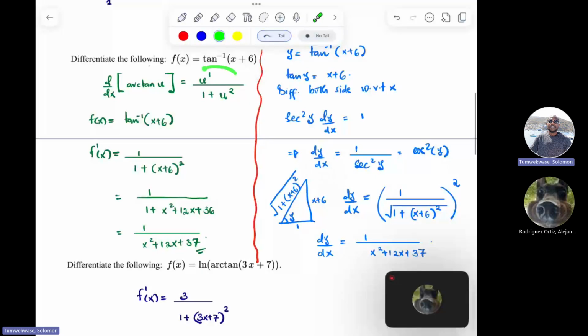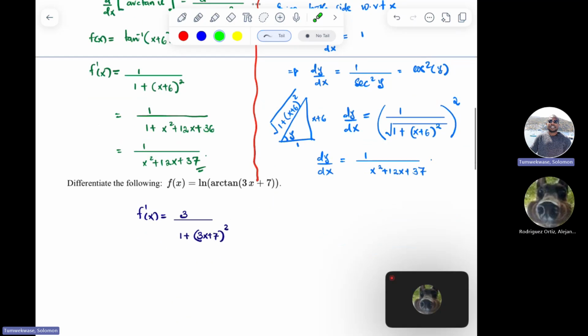This is just from the formula. Take the derivative, then divide by 1 plus u squared. Now that is the derivative of the inside. But the derivative of the whole function requires that after taking this derivative, you divide by what you've differentiated exactly.